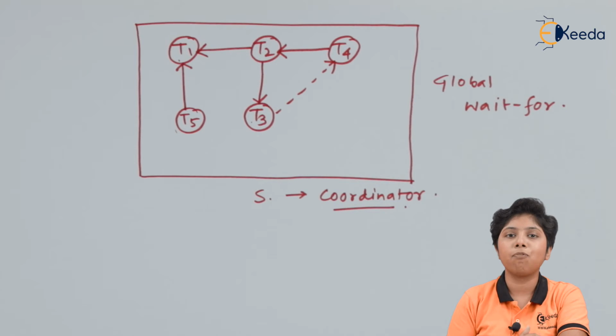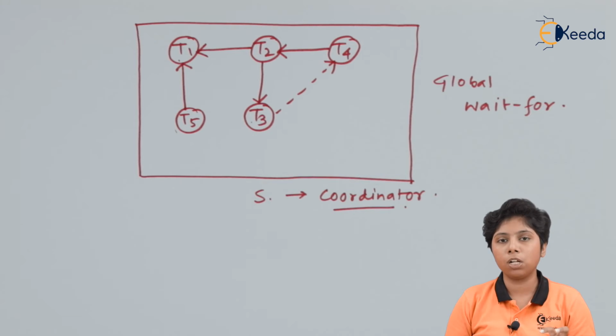Now the concept of false cycles arises. The coordinator can generate a false cycle Ti to Tj when, in the local graph, we have Tj to Si, where Si is the site on which the resource is needed and the request is attempted.